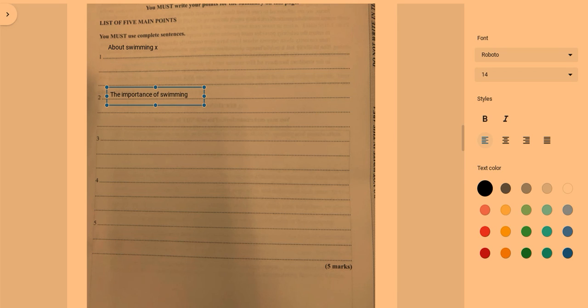I would put an X next to it because these ideas are very vague. A better main point would be, swimming is important because it helps individuals to lose weight. If that is the main idea that you got.